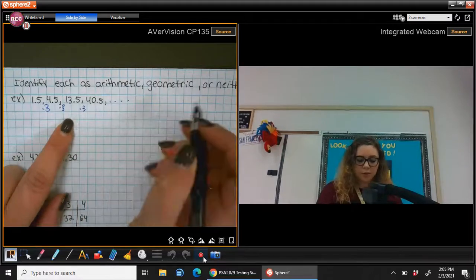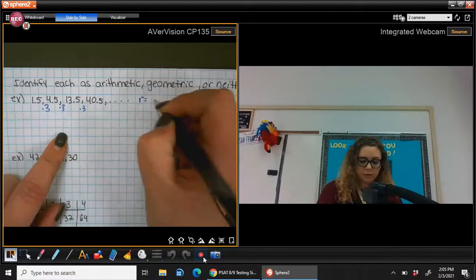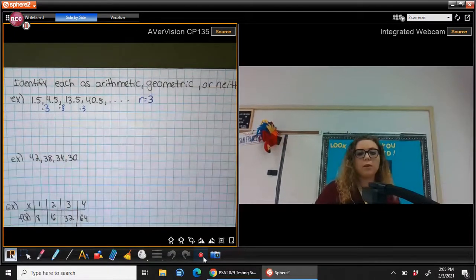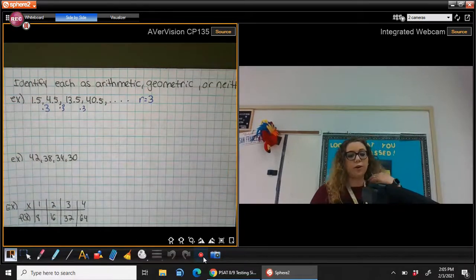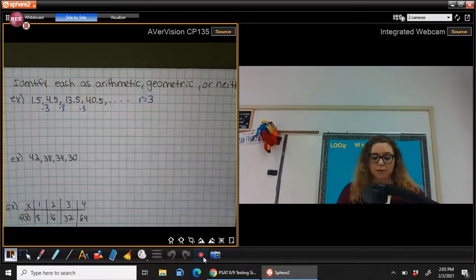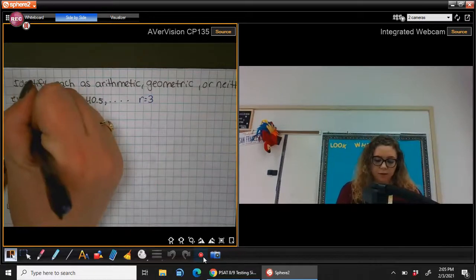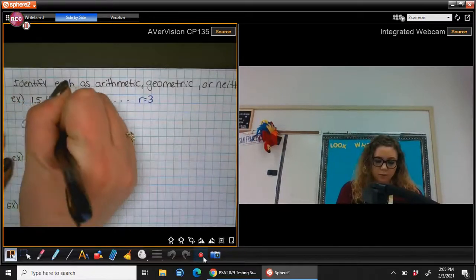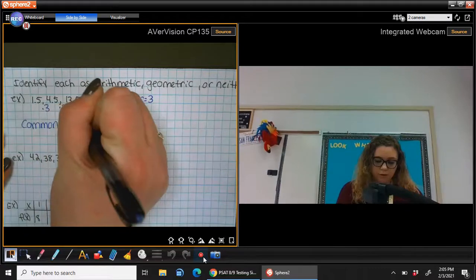That is true. So my ratio is 3. You have to check it to make sure it's true all the way around, because if you don't, it could have slipped up and then it would no longer be geometric. So since you have a common ratio, it's going to be geometric.